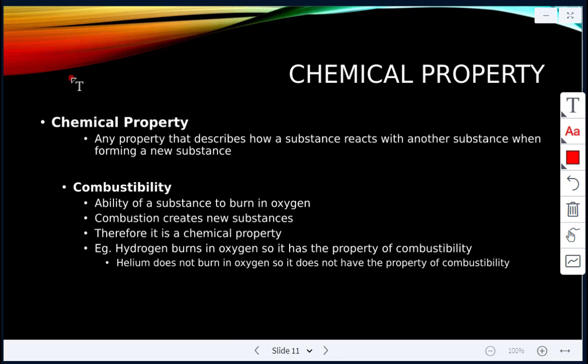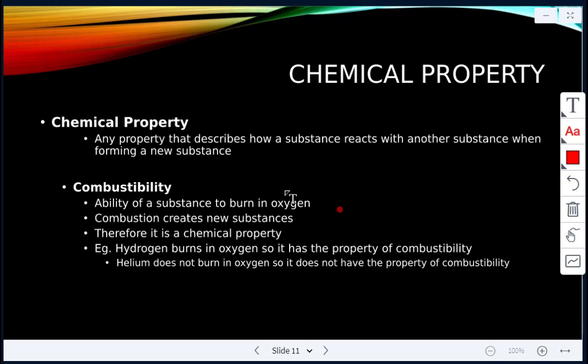And then lastly, we're going to talk about what a chemical property is. A chemical property is any property that describes how a substance reacts with another substance, forming a new substance. So for example, combustibility, this is the ability of a substance to burn in oxygen.